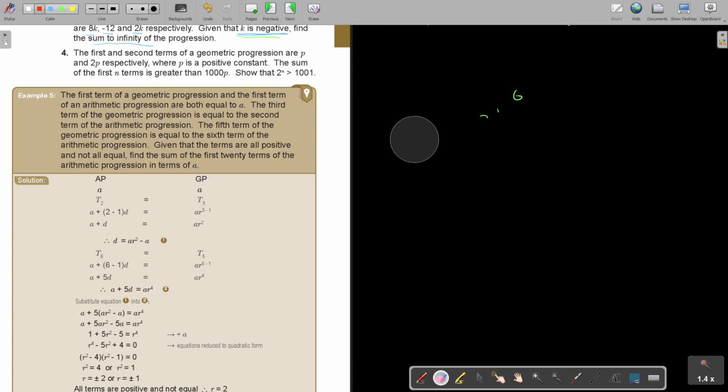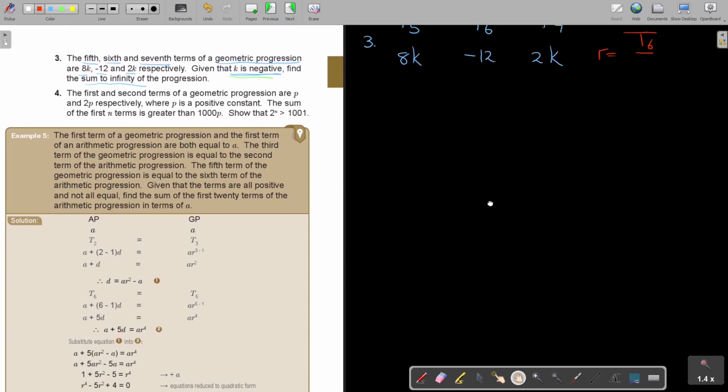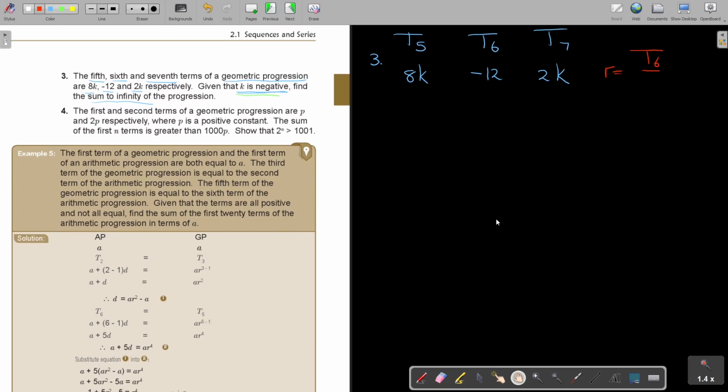I'll show you in later videos how they also combine APs and GPs, and how we go to practical. That will be 2 more videos; there will be 6 videos in sequences and series. So let's go for this final one, which is number 4.